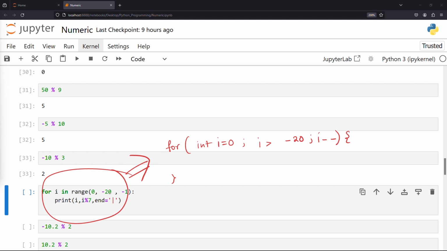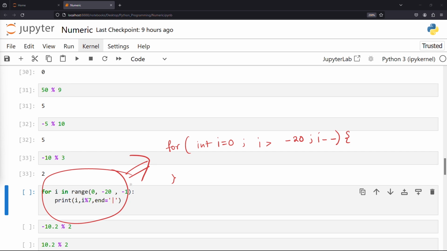So you will get 0, minus 1, minus 2, minus 3, till minus 19. And here we are telling it how much to move from one value to the next. We are saying minus 1, that's why it is going in the negative direction. By default, it will be plus 1, so it would expect the end number to be more than the start. But if you want to go backwards, then you can keep minus values like this. So this i will have values 0, minus 1, minus 2, till minus 19.